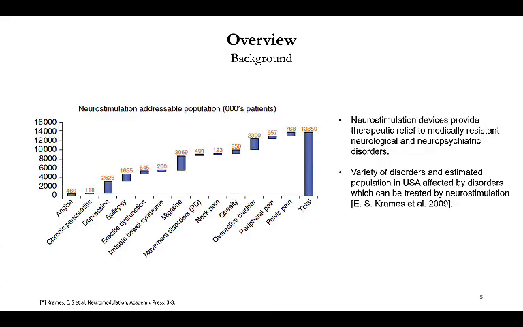Neurostimulation is commonly used in a broad range of diseases, such as epilepsy, migraine, pain control, and also overactive bladder control and pelvic pain.